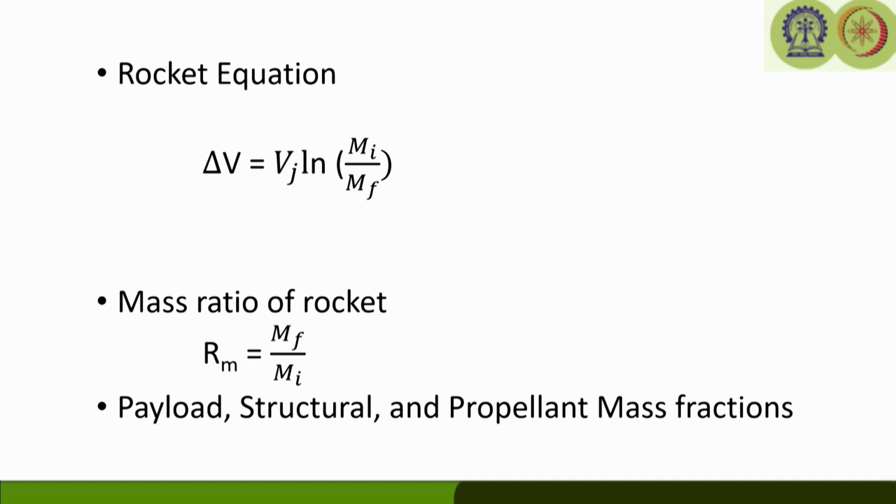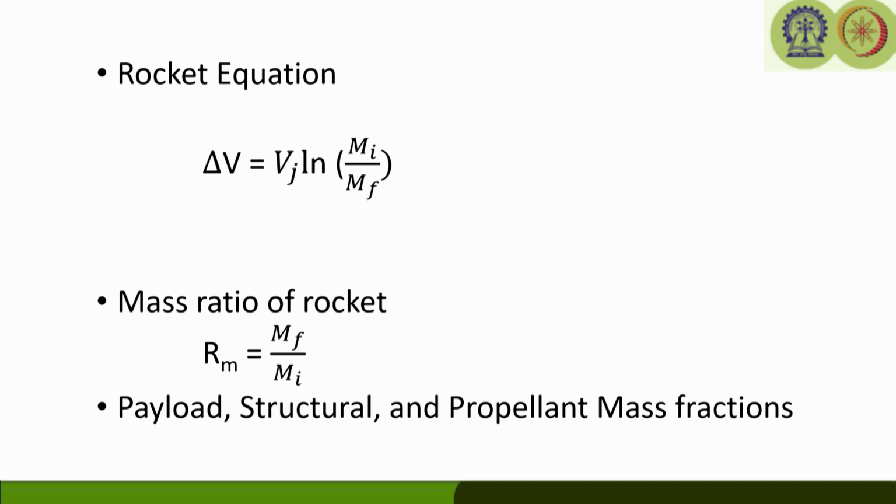If it can be given, it is of course beneficial, like a single stage rocket, or even SSTO, single stage to orbit, or two stage to orbit. Those are efficient vehicles, but in reality it is very difficult to give a high incremental velocity at once. Instead, the incremental velocities are given stage wise. That is why there is a concept called multi-staging.